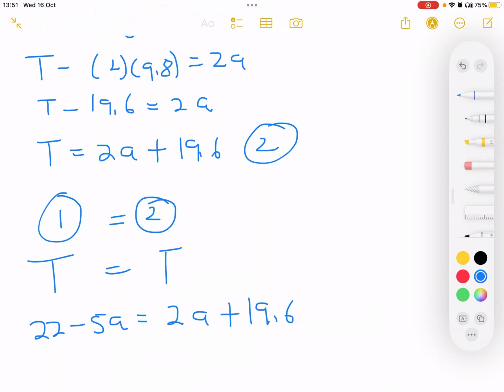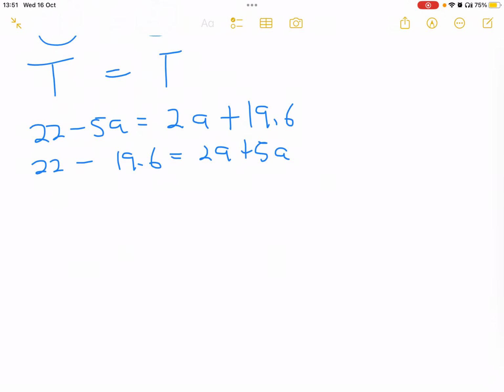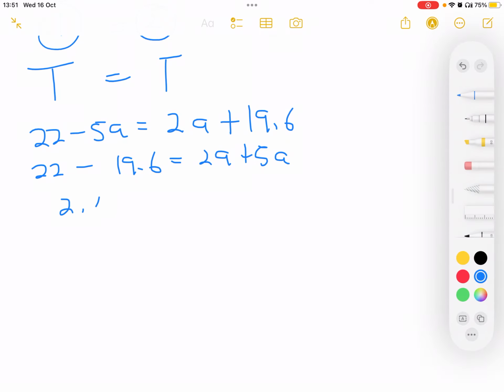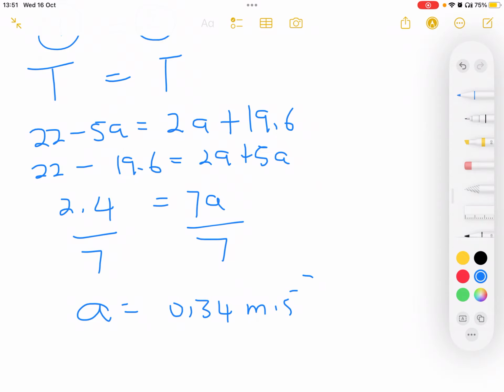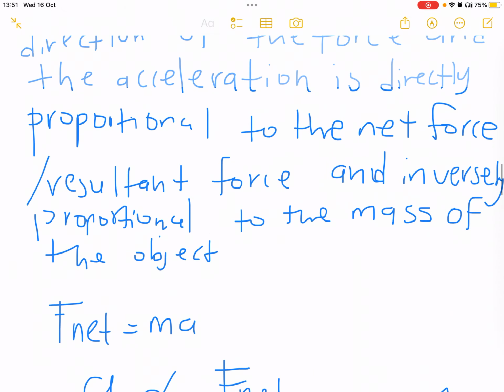Now we take 19.6 to the left, it becomes 22 minus 19.6 is equal to 2a plus 5a. If we do the subtraction, we get 2.4 is equal to 7a. And then if we divide both sides by 7, we get that a is equal to 0.34 meters per second squared. Okay, then we've gotten our acceleration.